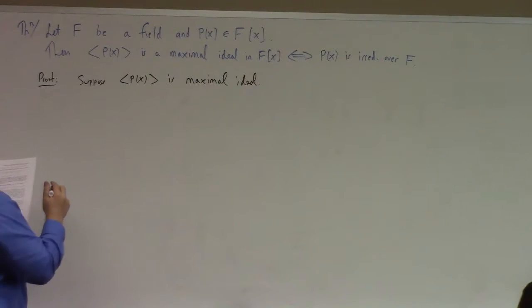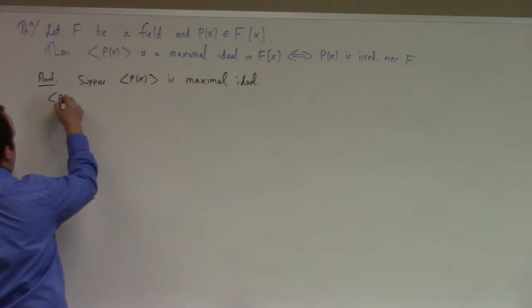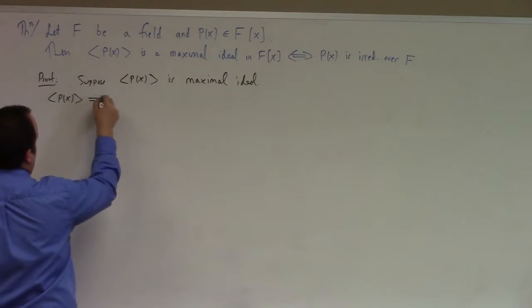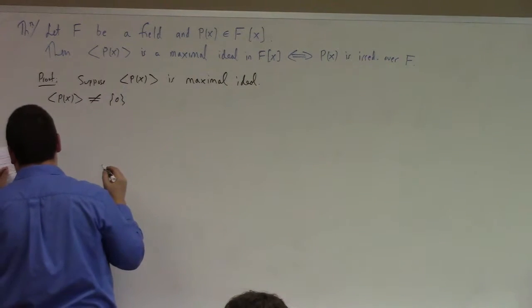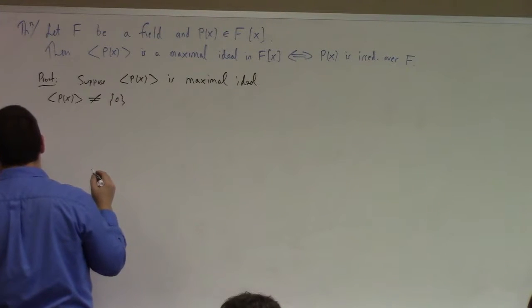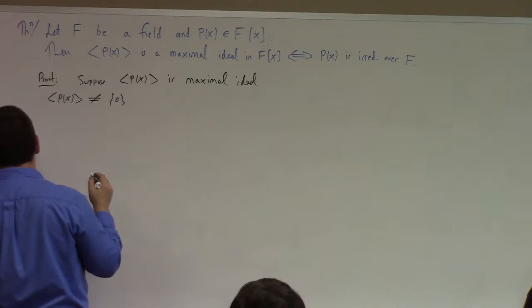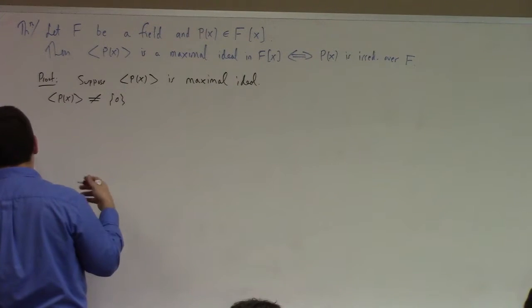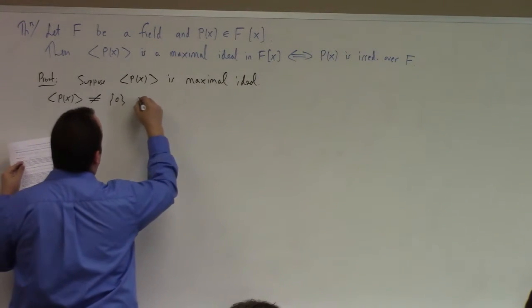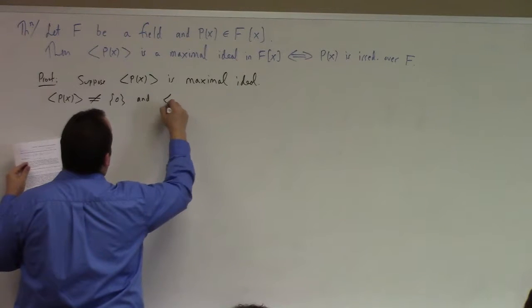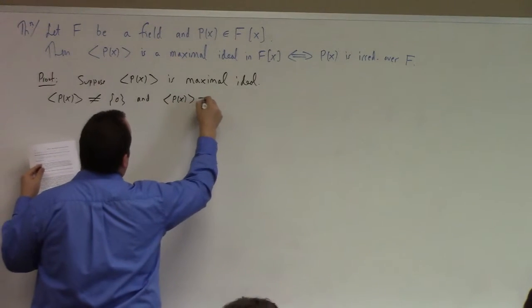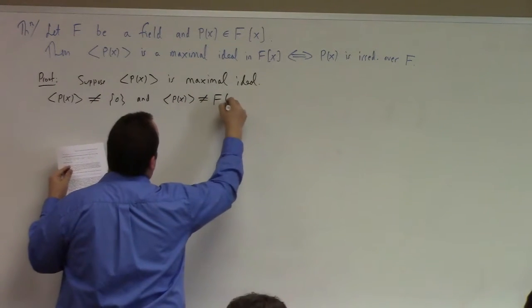All right, what's that mean? Then this is a what? It's not equal to the 0 ideal, right? And what else? It's a non-zero proper ideal, and let's see here, the ideal generated by p of x is not equal to the whole thing, right?